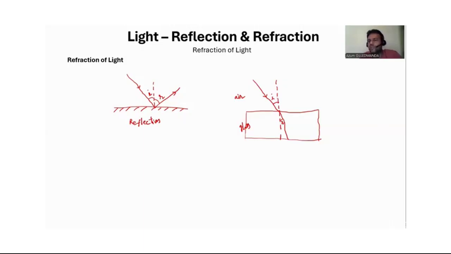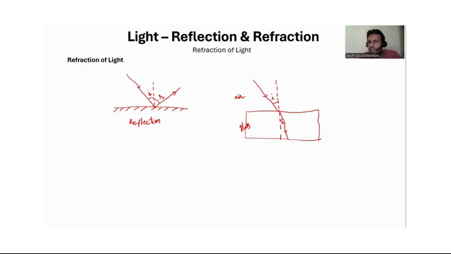So this phenomenon of bending of the light when it enters from one medium to other medium is called refraction. You understood? So reflection is where the other surface is coated such that the light doesn't penetrate through that. All the light that falls is reflected back into the same medium.